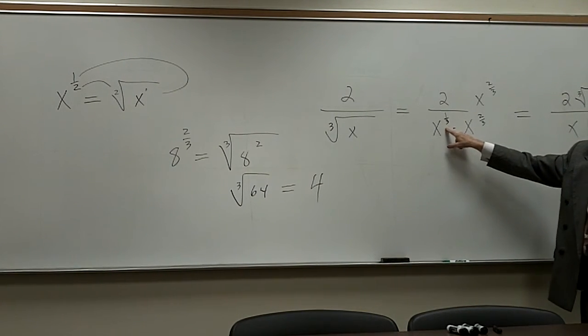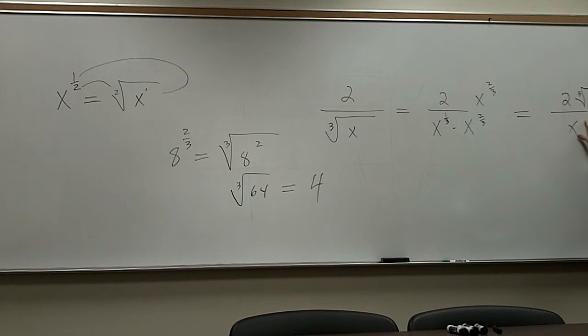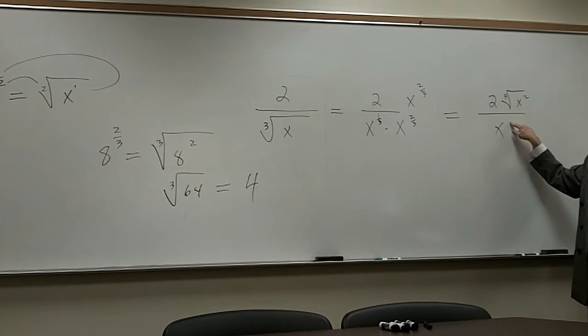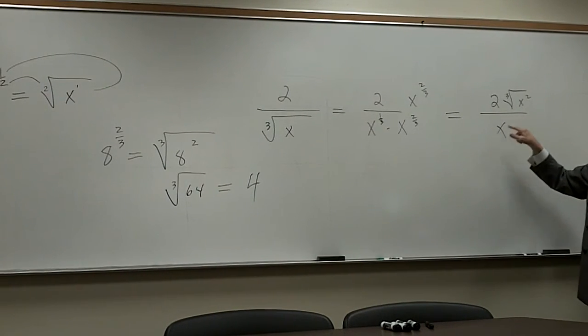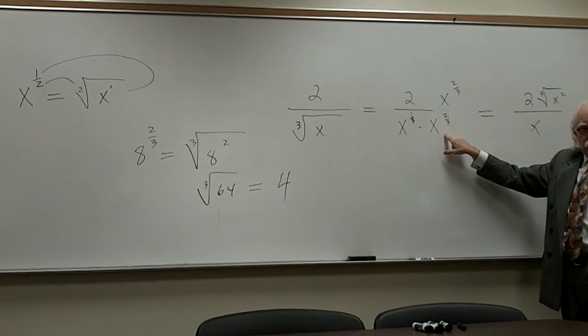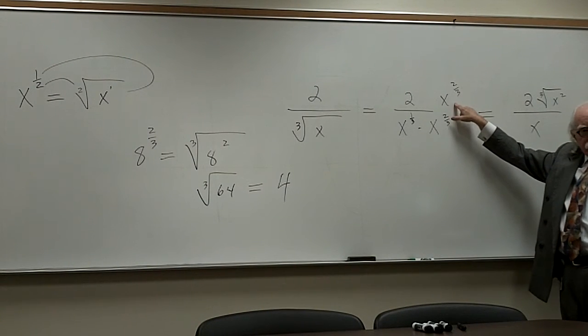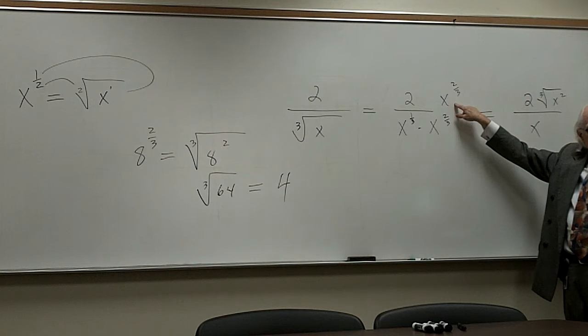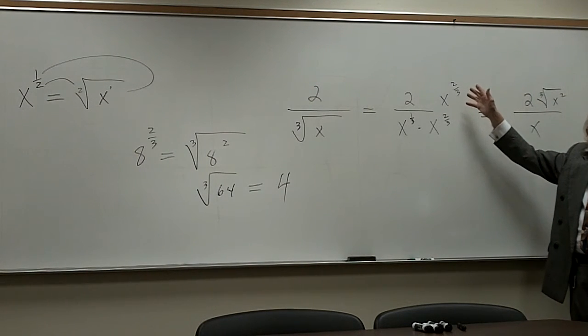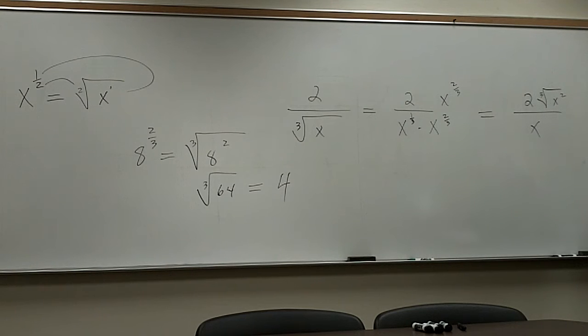Well, a 1/3 and a 2/3 make X to the 3/3, which is just 1. So if I multiply the bottom by X to the 2/3, I have to multiply the top by X to the 2/3. Is everybody okay with that? Does that make sense? I hope so.